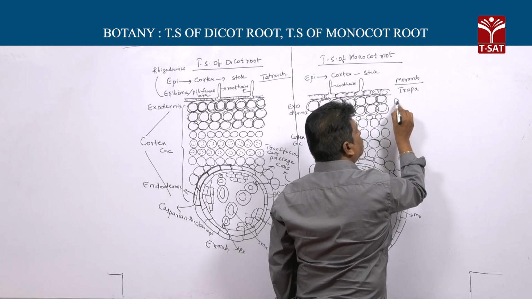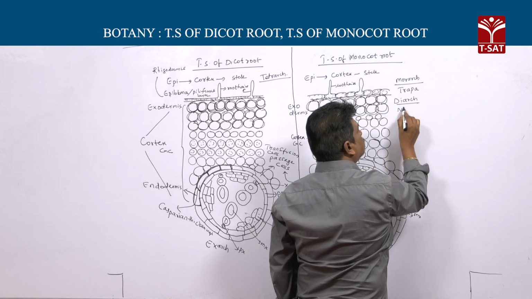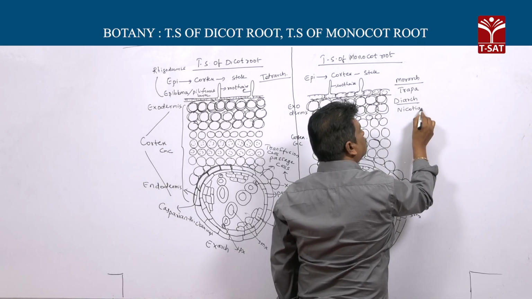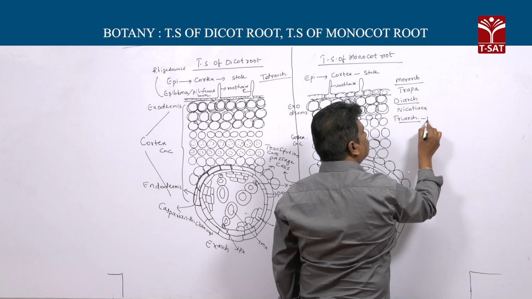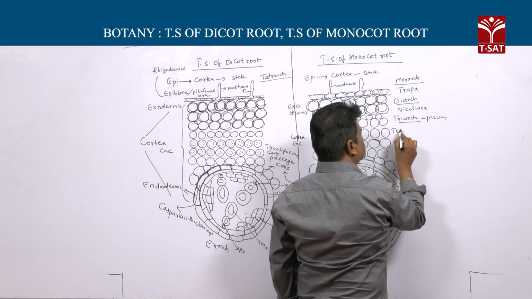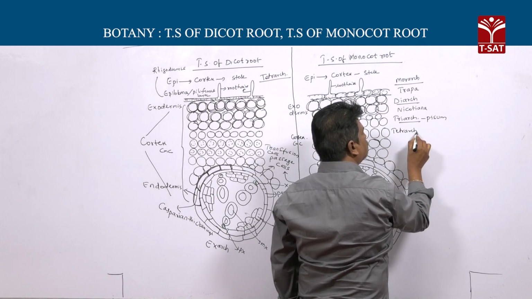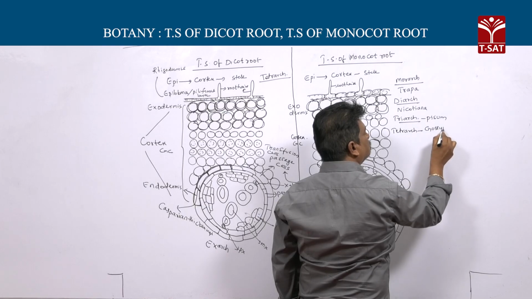Example, Trapa. Diarch, 2 vascular bundles. Example, Nicotiana. Triarch, 3 vascular bundles. Example, Pisum. Tetrarch, 4 vascular bundles. Example, Gossypium, cotton.